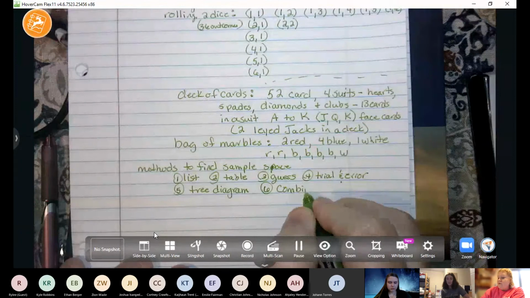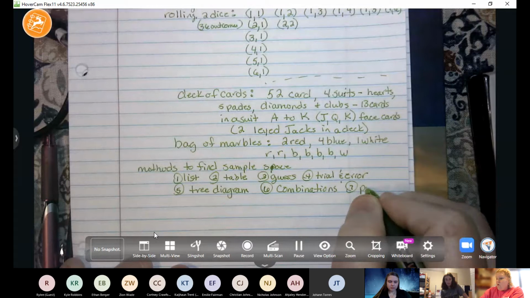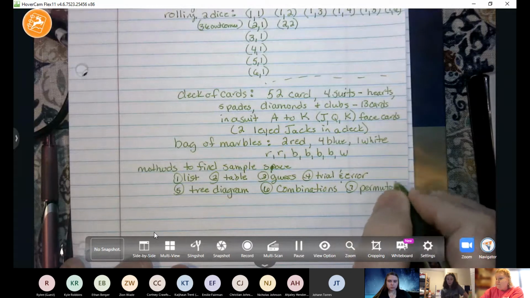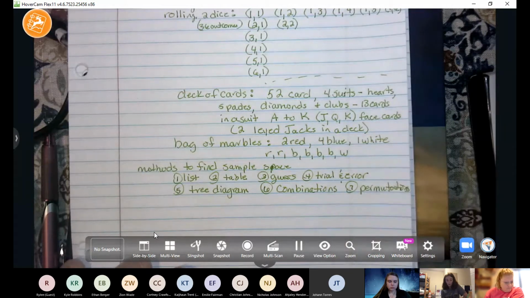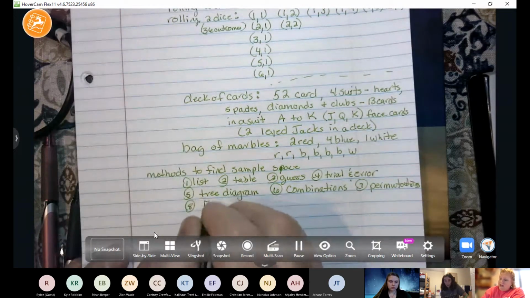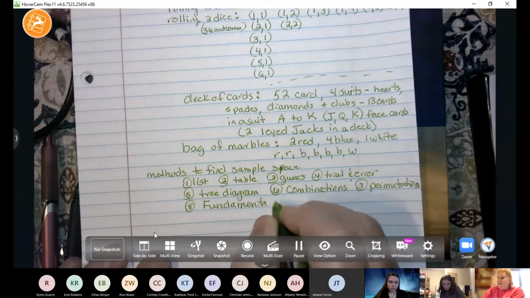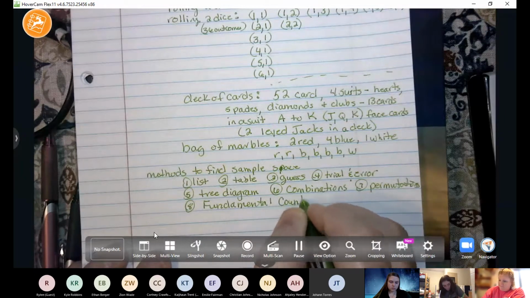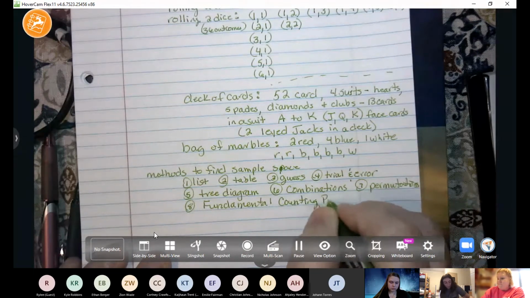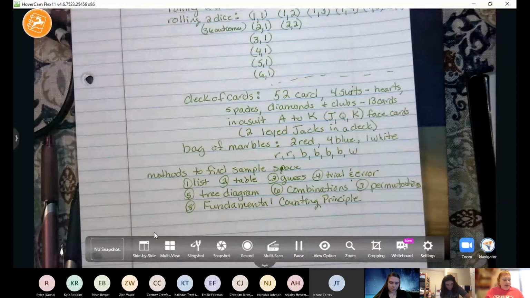Another technique is using what we call combinations or permutations, and the fundamental counting method. So all of these are ways to find sample space.